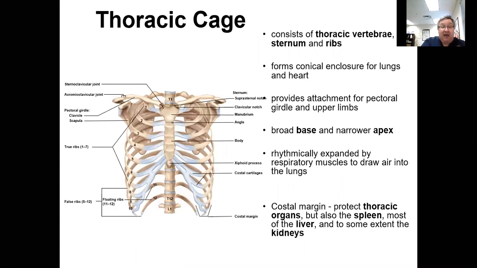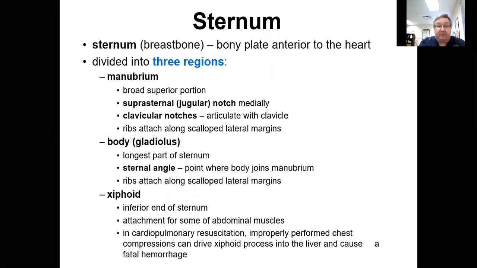The thoracic cage consists of the sternum and the ribs. The thoracic cage is basically an area of protection that protects the heart, the lungs, and many structures within the body itself. Now, the sternum is a place for muscle attachment, which we will go over in a second.